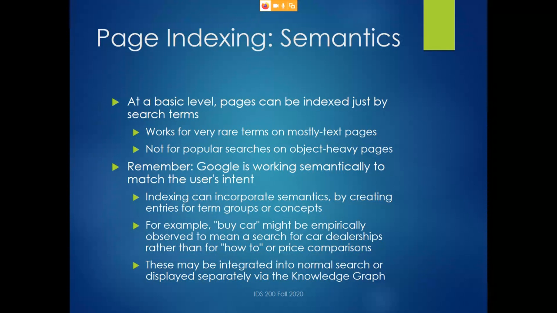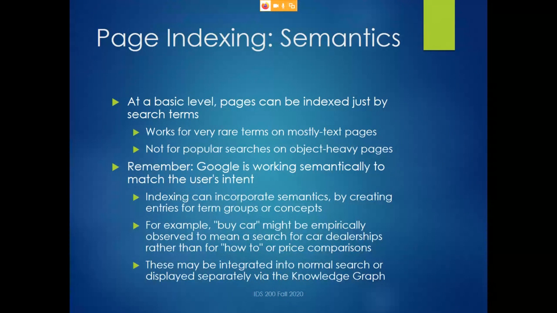So remember, Google is trying to use semantics to match the user's intent. So one thing Google will do, it creates entries for term groups or concepts. For example, buy a car. The terms buy car, Google might empirically observe that that turns out to lead people to car dealerships rather than how-tos for price comparisons.